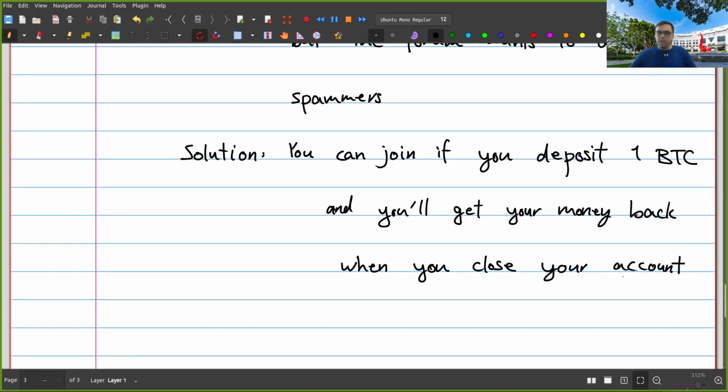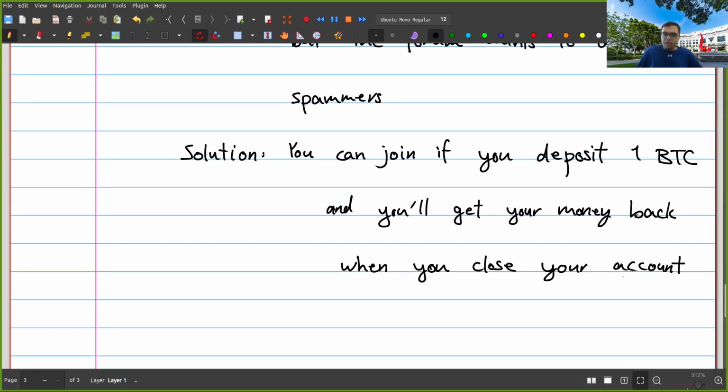Okay. This is great because now I know that anyone who wants to join my website has to pay a lot of money. They have to pay 1 Bitcoin. But also it's just a deposit. So they're going to get their deposit back at the end anyway. So I'm now sure that no one can be a spammer and create thousands of accounts because they will need a ton of money.